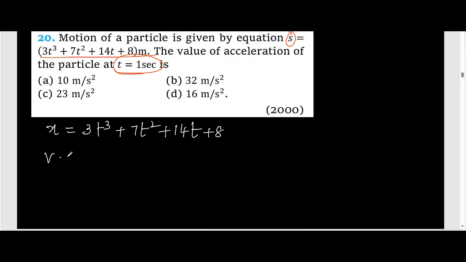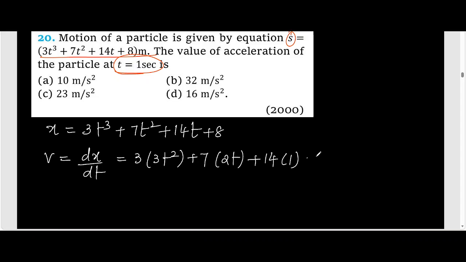So v is equal to dx upon dt. So I'll get 3 into t cube differentiation 3t square, 7 into t square differentiation 2t, plus 14t differentiation 1, and constant differentiation 0. So I'll get 9t square plus 14t plus 14.